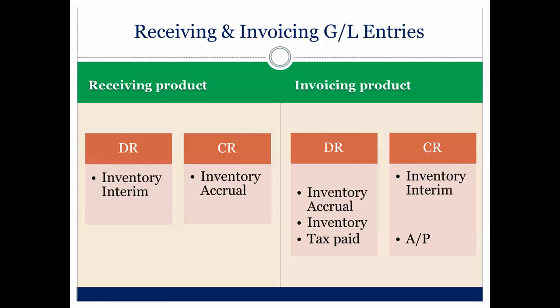And when you're invoicing, you're now offsetting the original entries from your receiving, and now the product's actually getting put into inventory, and you're paying your taxes on that. And AP is then going to send that payment out to the vendor. So just really high level, thought you might be interested in what's happening with the GL entries as we're walking through this process.